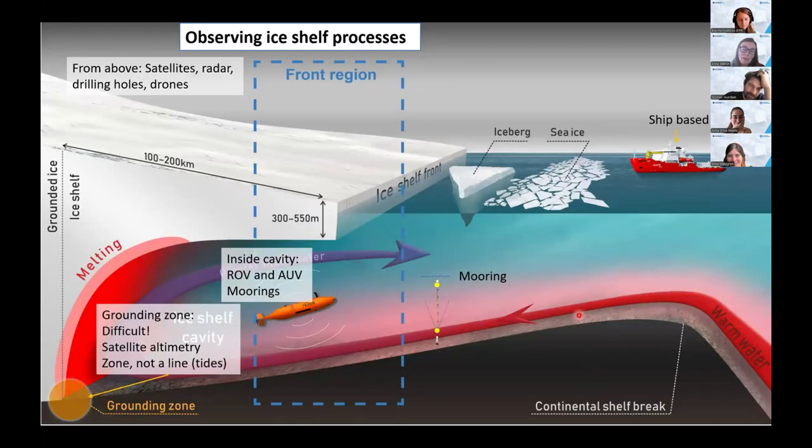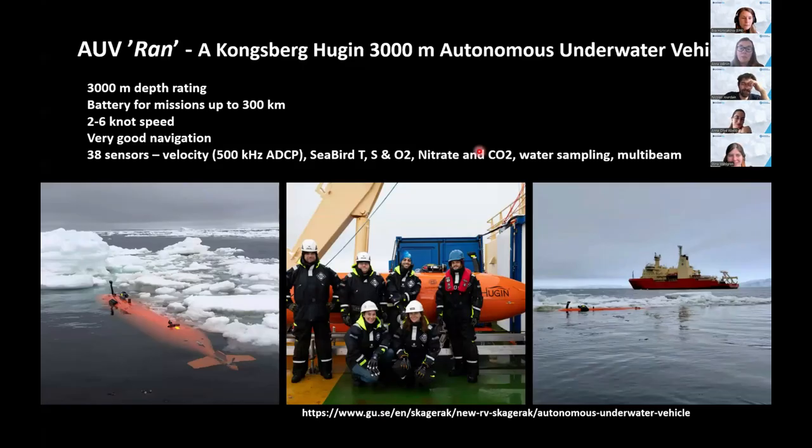And I think you have heard enough of this already this afternoon, why the different methods for investigating the ice shelf cavities are important. So I just skip ahead to, if you haven't seen me show this before, this is our AUV that we used to have at the University of Gothenburg with many, many sensors, 38 different sensors.